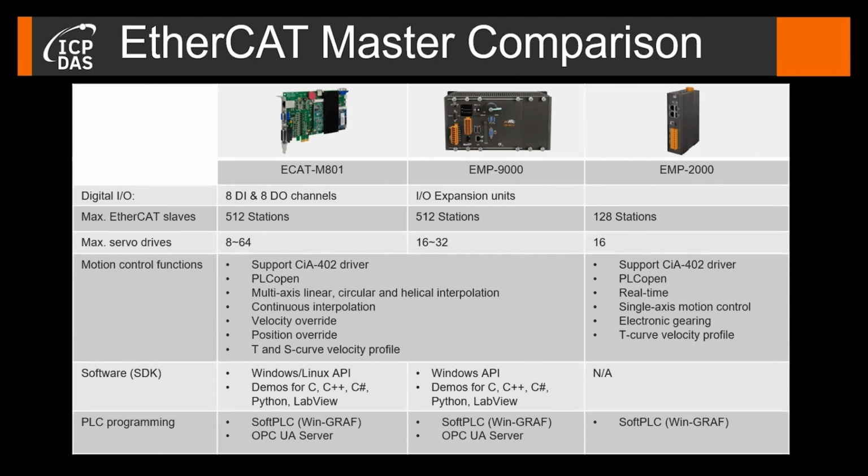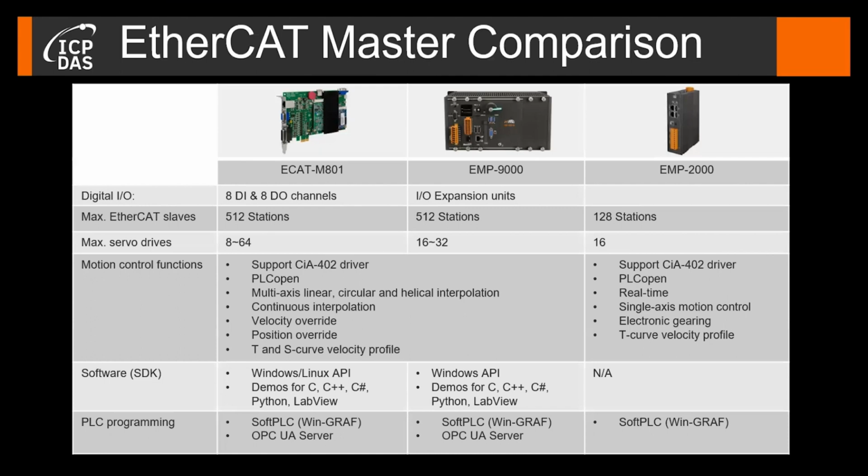number of axes. In addition, a SoftPLC runtime with an integrated OPC UA server is available for both the ECAT M801 and the EMP 9000 controllers, which converts the industrial PC or a PLC pack controller into a standard PLC controller.